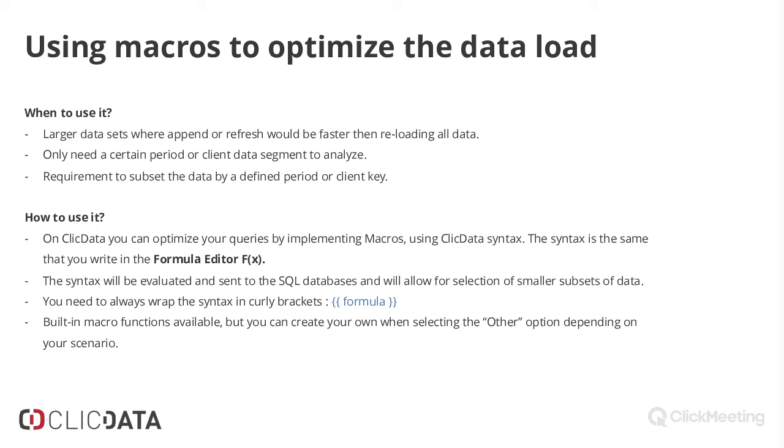You just need to remember, when using this option, to enclose your formula within curly brackets. We have some built-in macro functions available that you can use. However, you can also create your own functionality depending on your business need, maybe if it doesn't fit squarely into the pre-built macros that we have out there.